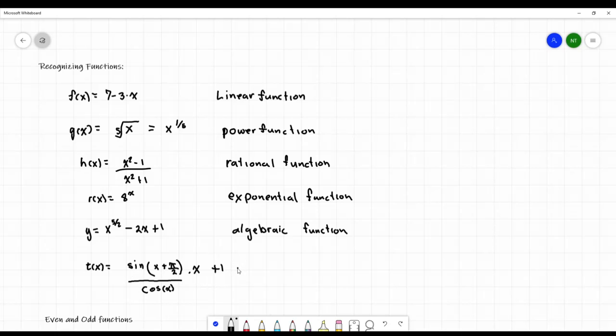So this can be rewritten as cosine of x divided by cosine of x, times x plus 1. This cancels and becomes 1. So it's 1 times x plus 1, which is a linear function.